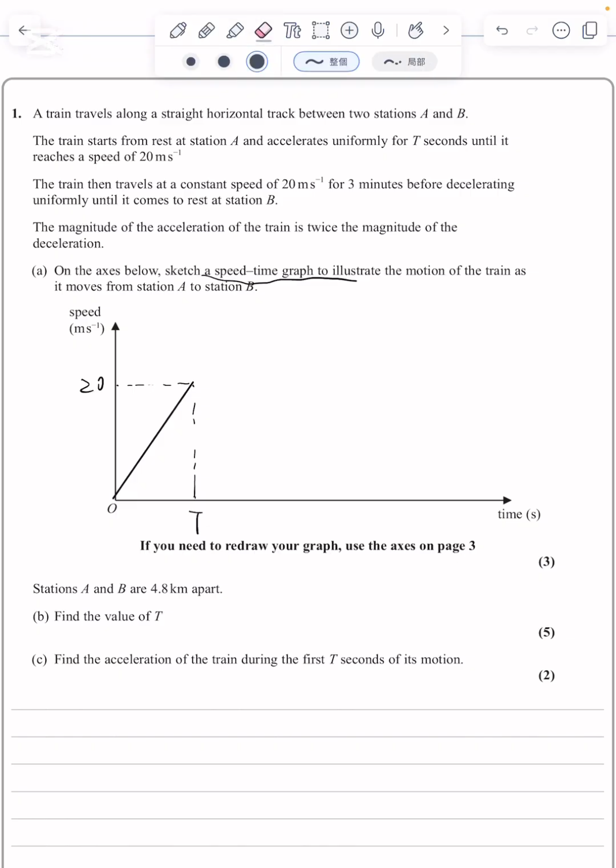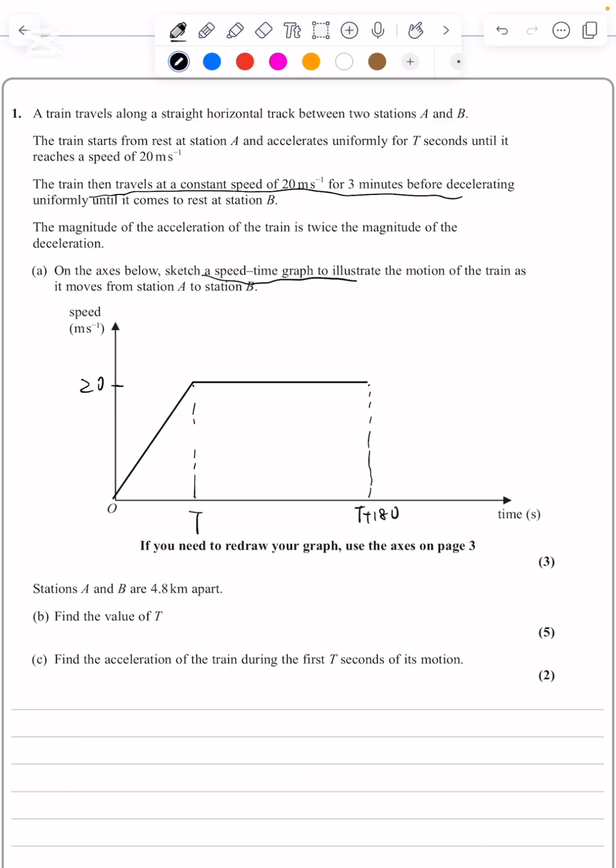Alright. And then it travels at a constant speed for 3 minutes, so like this. This is T plus 180 because we have to use seconds here.